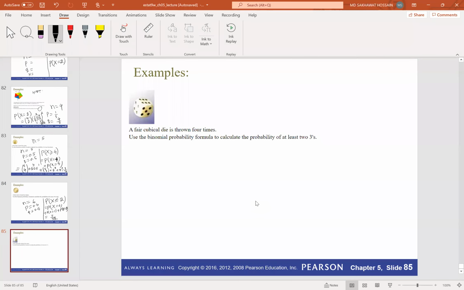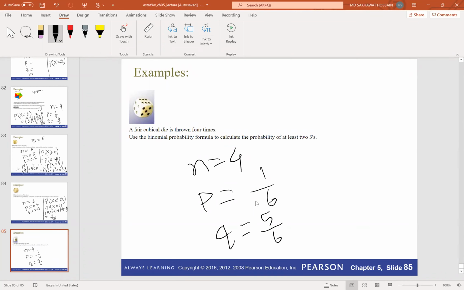Okay, a fair cubical die is thrown 4 times. So here n is equal to 4, and calculate the probability of at least 2 threes. So here p is equal to 1/6 because we are interested in threes. So this is 1/6 and q is 5/6. And we want to find the probability of at least 2.